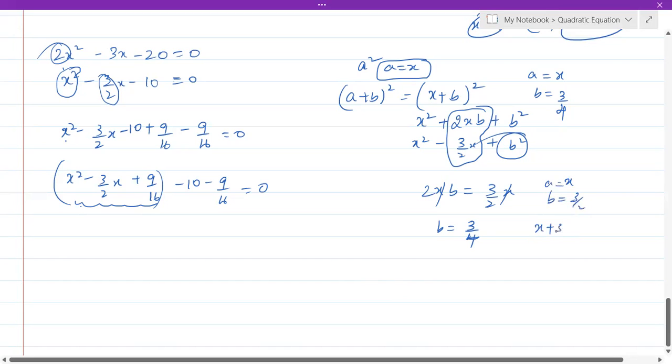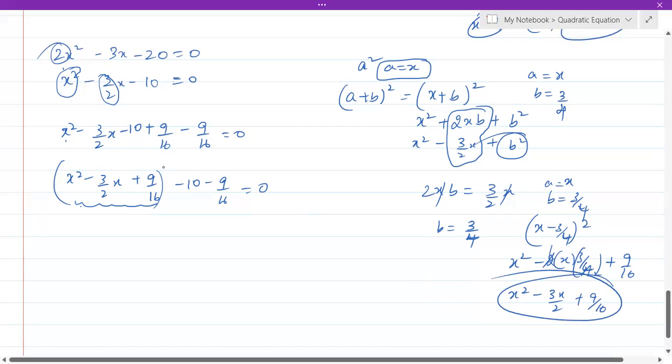So if I use x minus 3 by 4 the whole square, it becomes x square minus 2ab, with b being 3 by 4, plus b square. So what we have got is x square minus 3x by 2 plus 9 by 16.